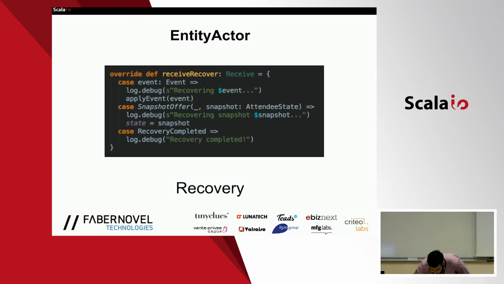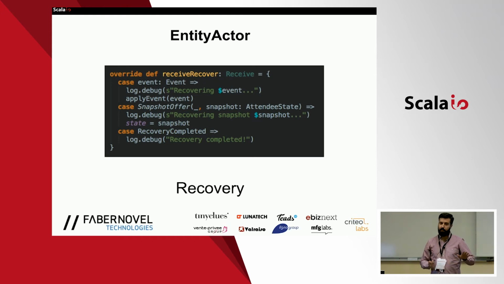Here, this is the special receiver that is going to handle the recovery stage. Once an actor has been passivated and a new message arrives for that entity, we are going to recover, we are going to replay all those events that came before to get exactly the same state. That is done with this receiver recover.